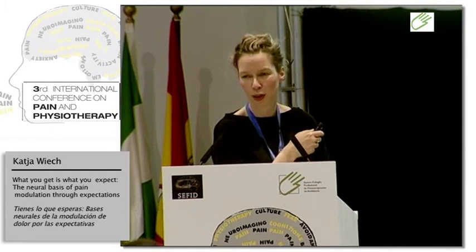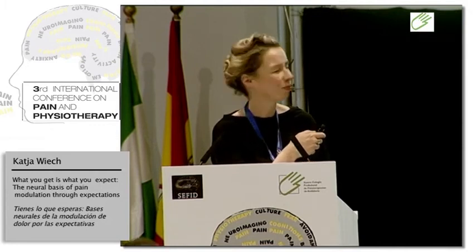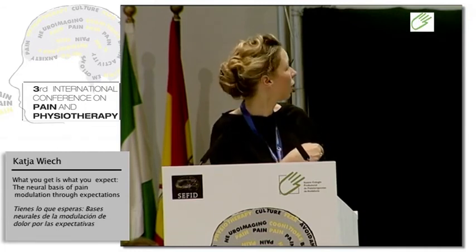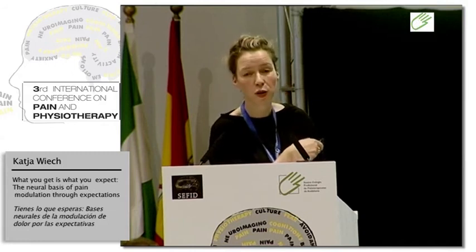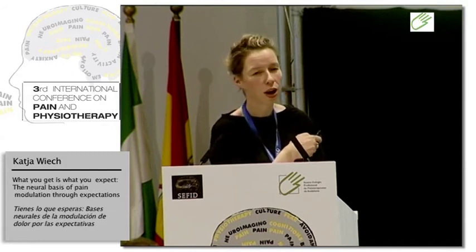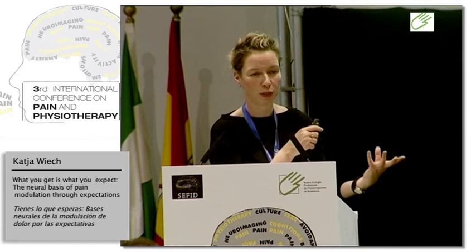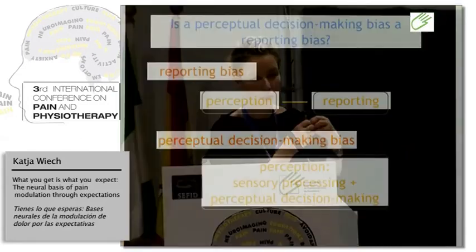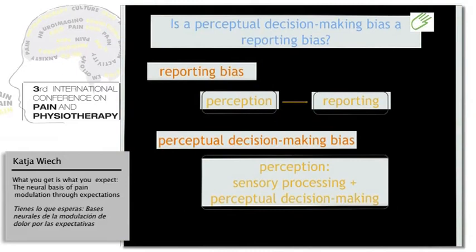Because you think your experimenter wants you to feel less pain or more pain. With the decision-making bias, that's different. In decision-making bias, the bias is part of perception itself. So you can't disentangle what is perception and what is the reporting. They both go together. That is a very important step.